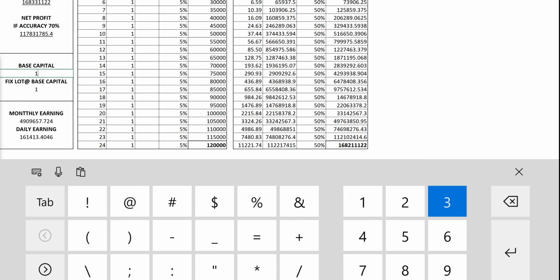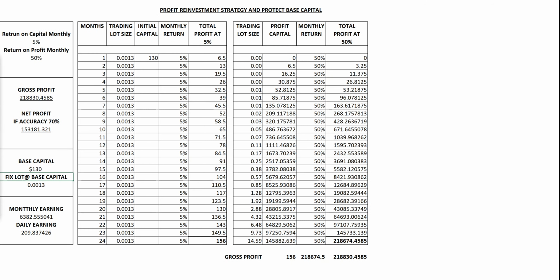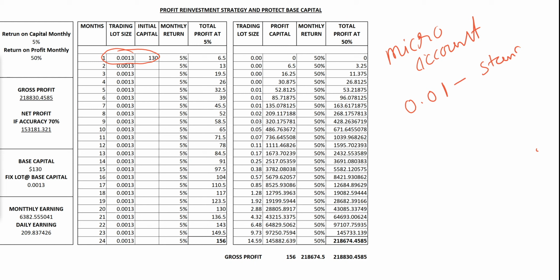And we are changing the base capital here to $130. So the total numbers will change again, and we'll show you how it's working. You require a micro account to trade, because a 0.0013 lot size cannot be traded on a standard account. On a standard account, only 0.01 at the least can be traded.